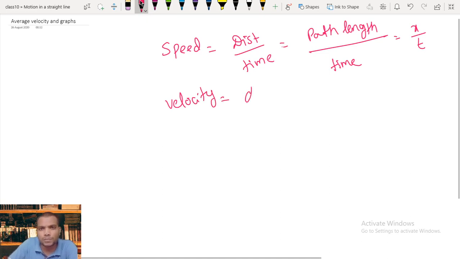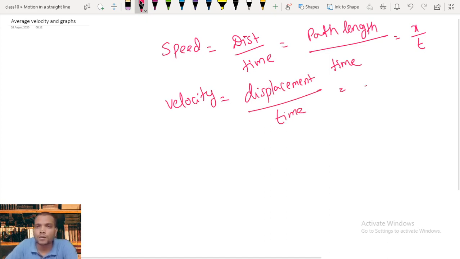Velocity equals displacement upon time. Displacement also we used to represent in terms of x upon t. Then average velocity, which is important.